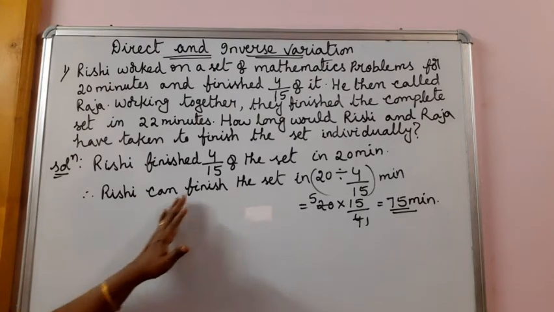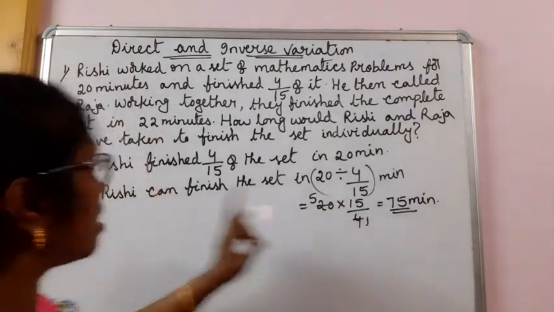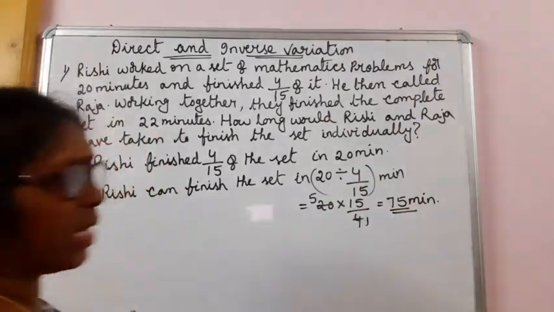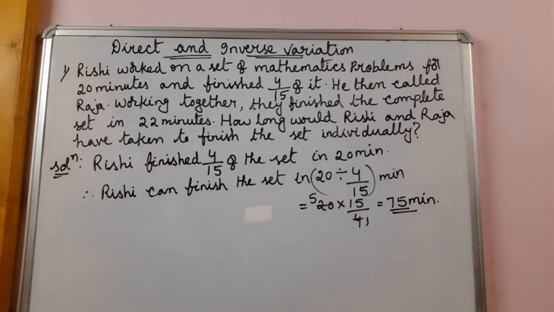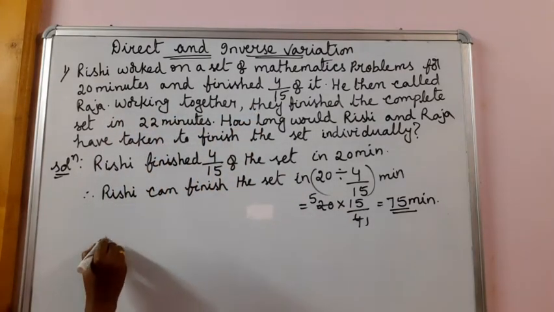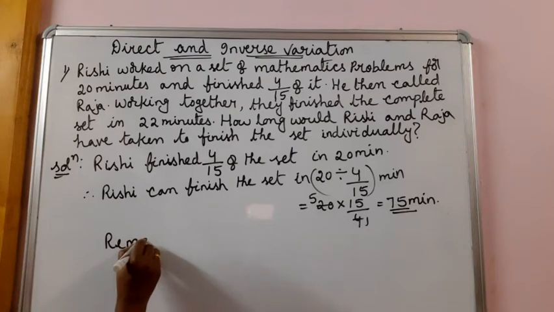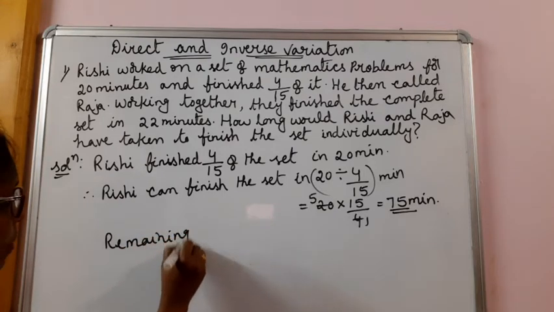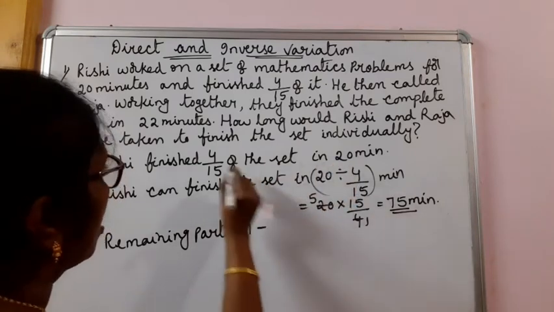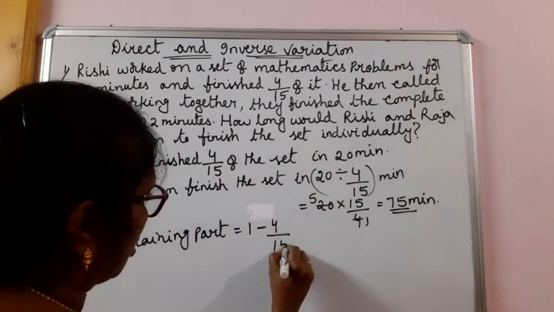If Rishi can finish the set in 75 minutes, he can do in 1 minute 1 by 75 of the set. Yes or no? And both together completed in 22 minutes. So let us find out the remaining part. The remaining part is: from one complete part, 4 by 15 is done by Rishi.